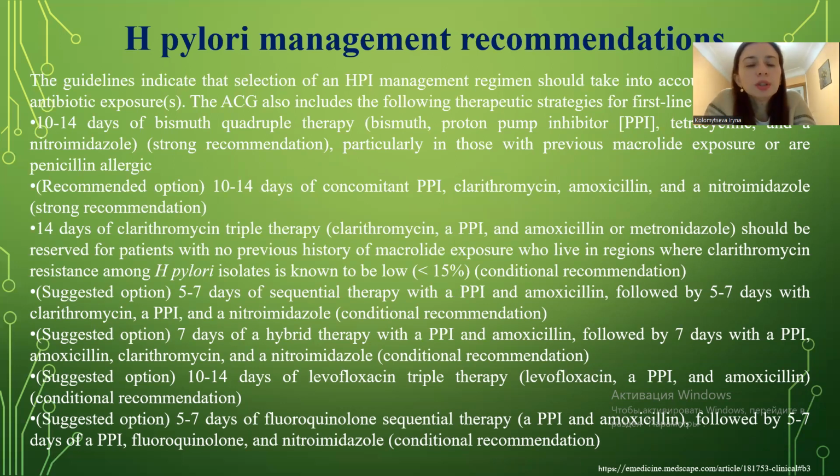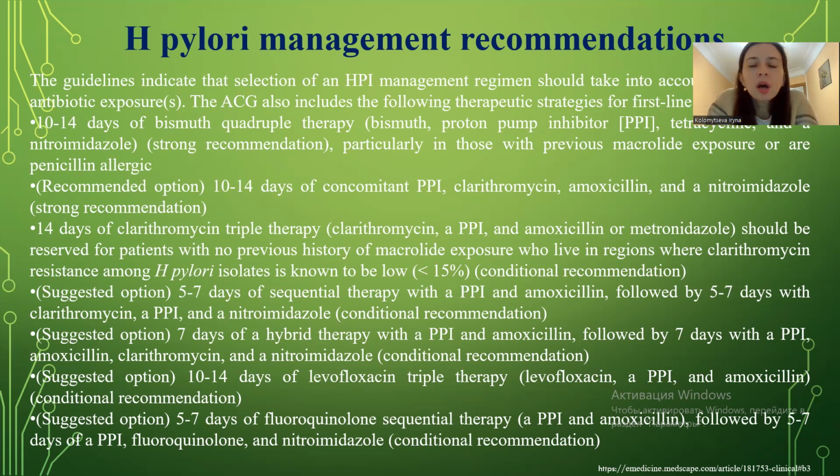The Association of Gastroenterology also includes the following therapeutic strategies for first-line treatment. 14 days of bismuth quadruple therapy: bismuth, proton pump inhibitor, tetracycline, and nitroimidazole, particularly in those with previous macrolide exposure or a penicillin allergy.